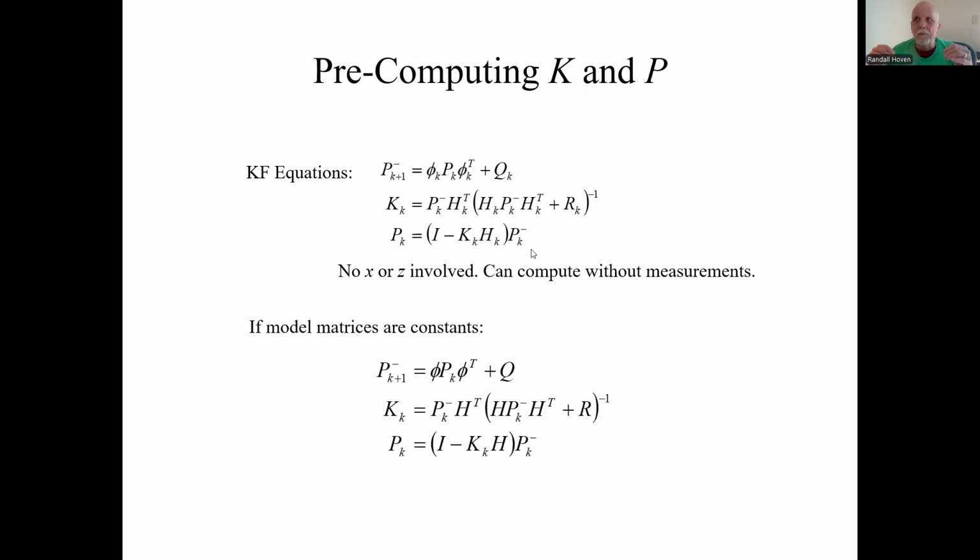In fact, you can see how accurate your filter is going to be before you actually get real measurements, at least if everything obeys your system model. And if these matrices are constants, meaning these subscript k's don't really matter, then you can pre-compute them easily.